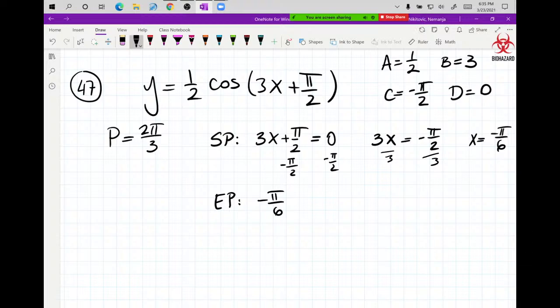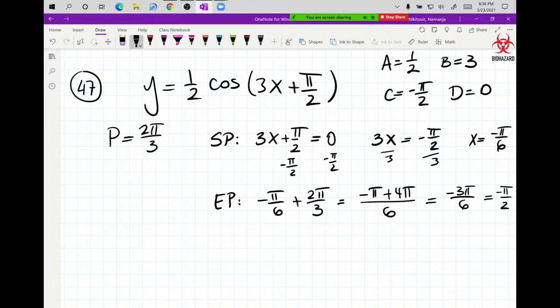Negative pi over 6 plus 2 pi over 3, common denominator of 6. So negative pi plus 4 pi, because you are multiplying by 2. 2 times 2 is, yes, good. And that works out to be negative 3 pi over 6, which actually is negative pi over 2.